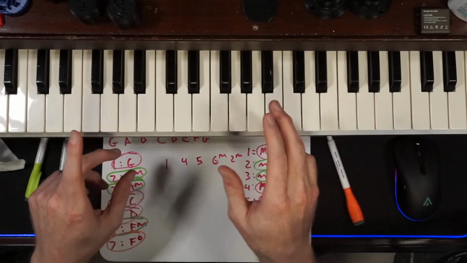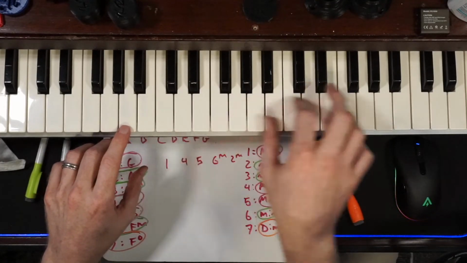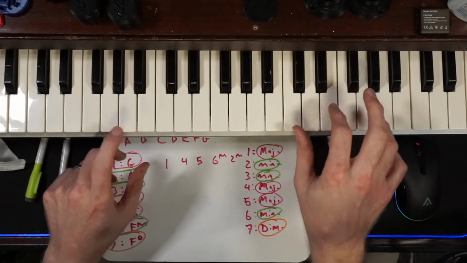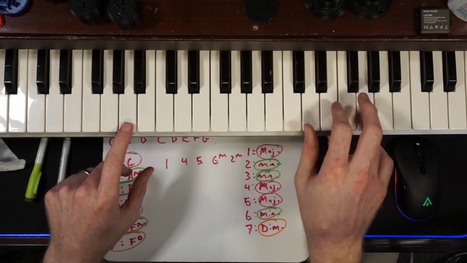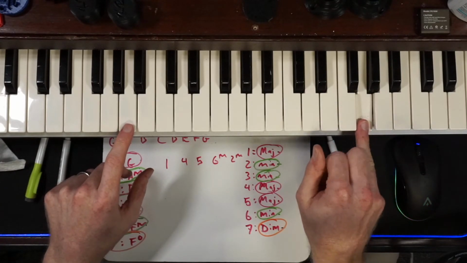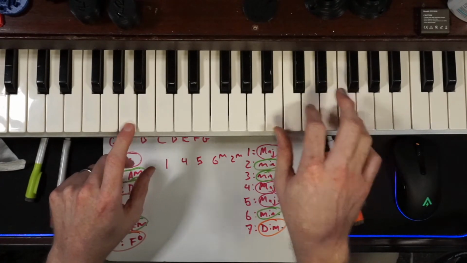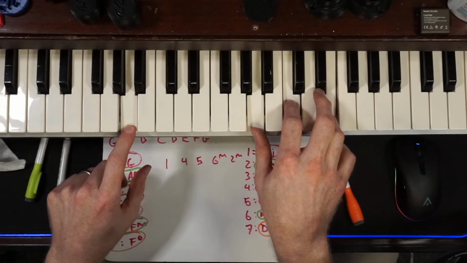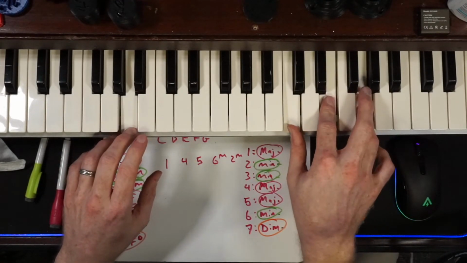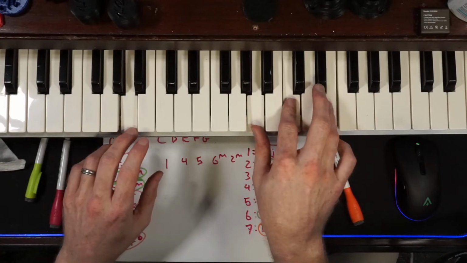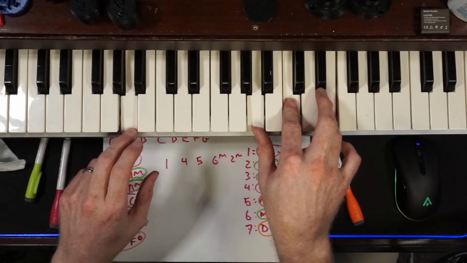What's cool about this is your ears almost don't hear the difference. This is just color. The 7 is just color. Doesn't that sound a little bit more full as opposed to that? So here's the trick.